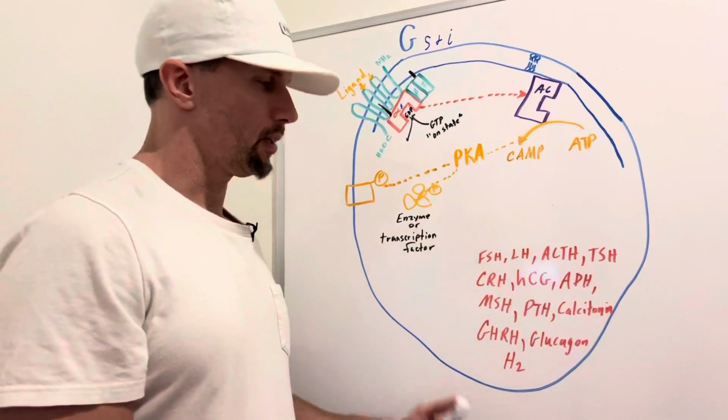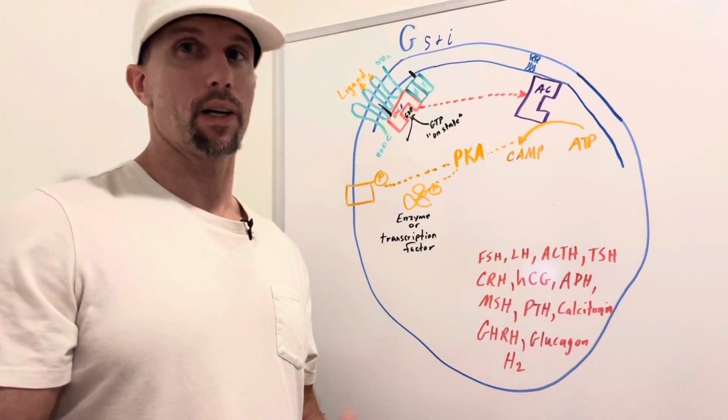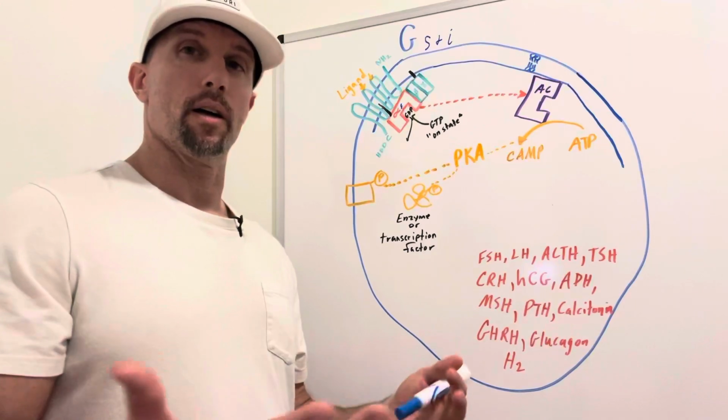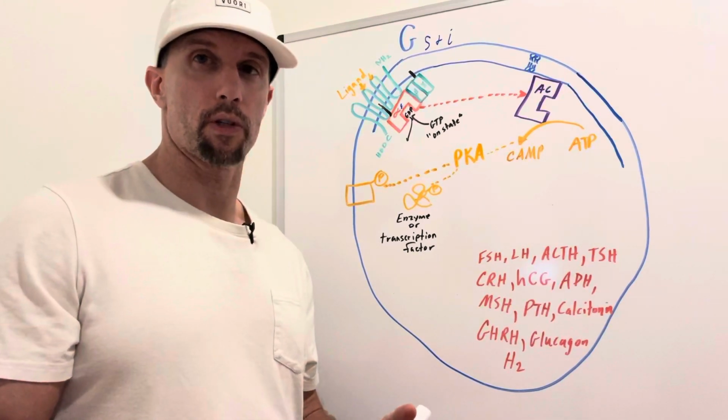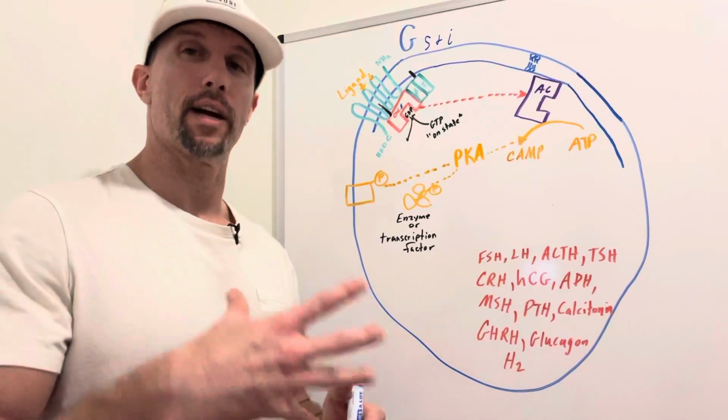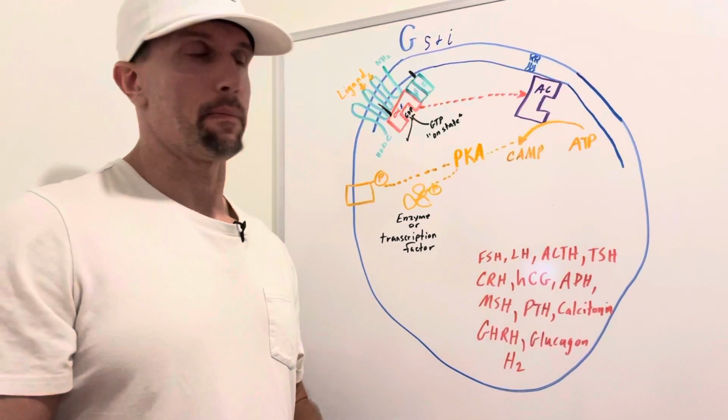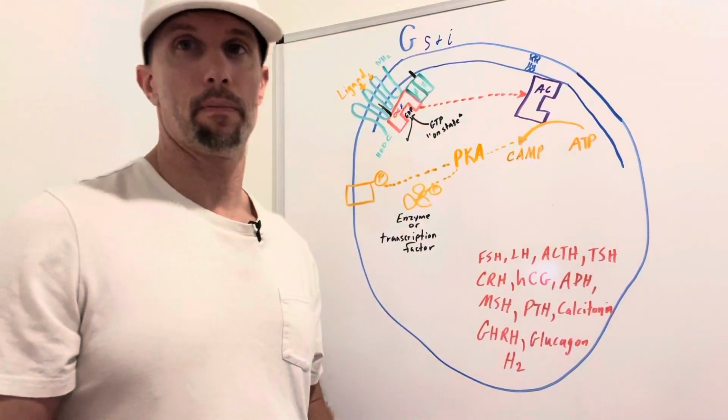All of these are different endocrine hormones, but remember, most of the sympathetic and parasympathetic receptors on their effector organs are G proteins, and most of them work through the GS and GI pathways.